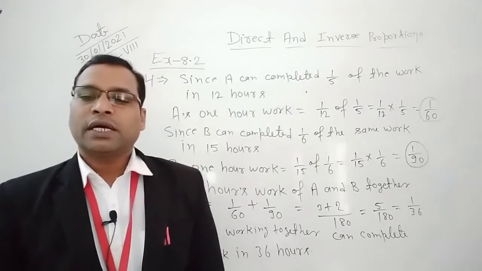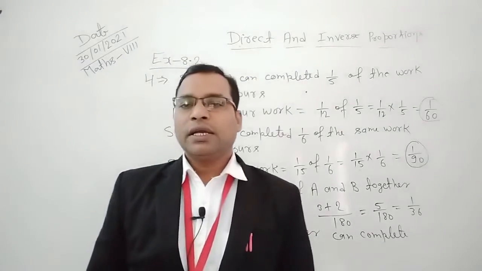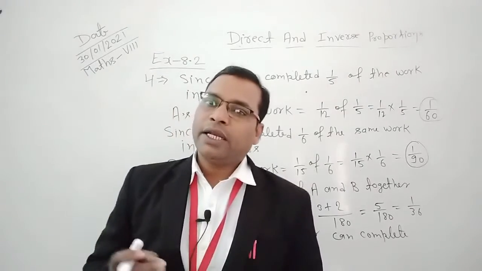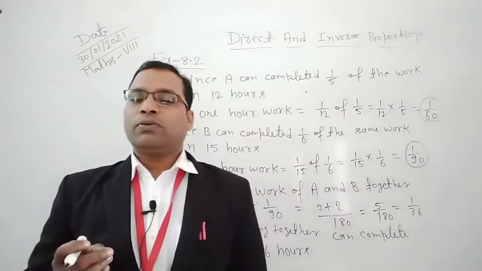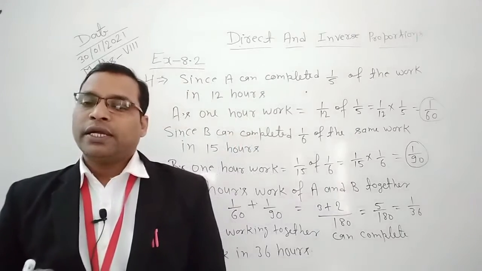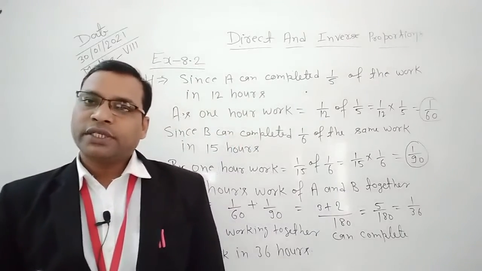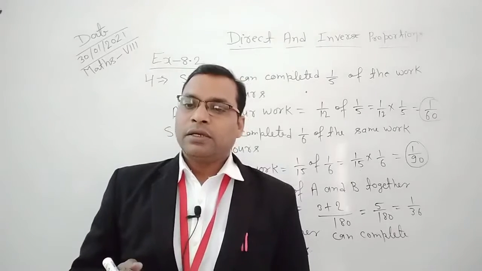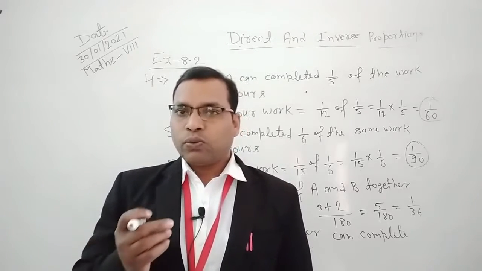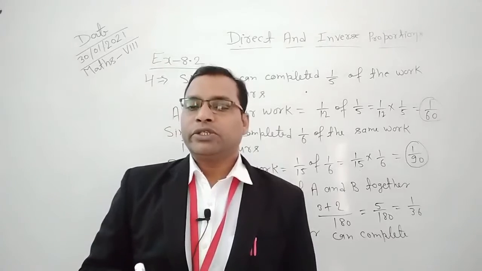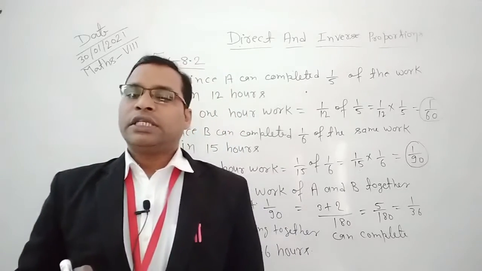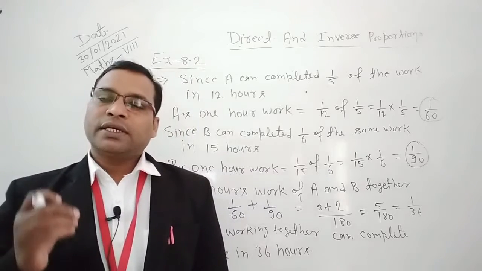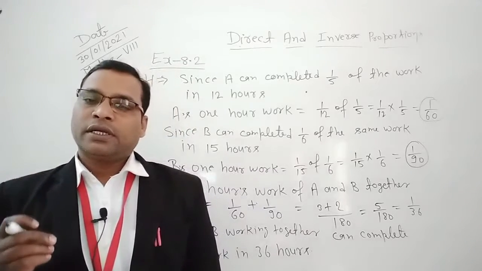You can say 8 day work of A and B is equal to 8 upon 20, or 2 by 5. So how much work is remaining? 1 minus 2 by 5, this is equal to 3 by 5. 3 by 5 work is remaining after B leaves.